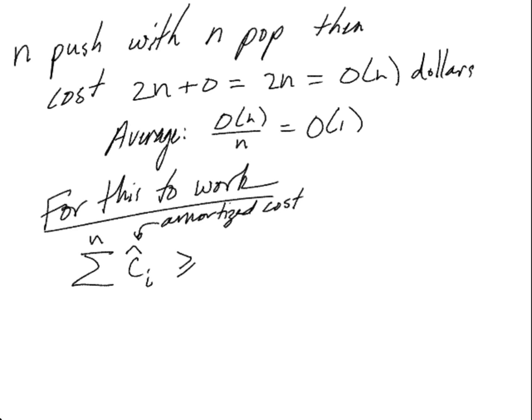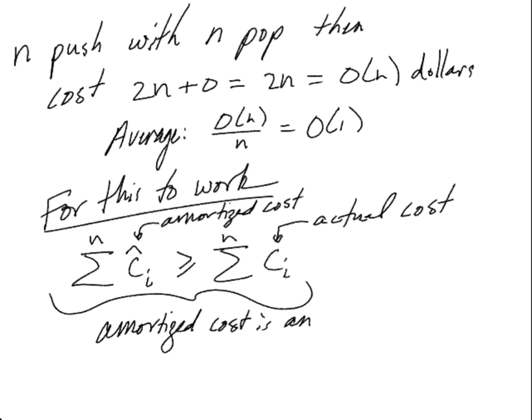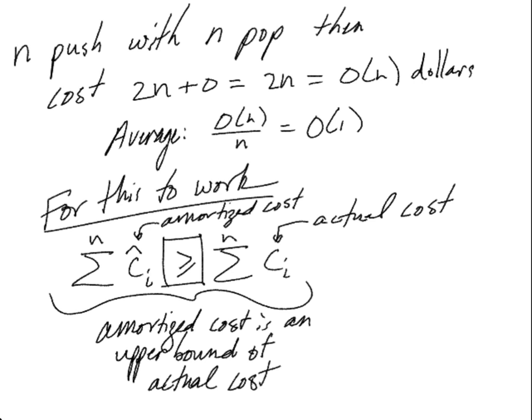That has to be greater than or equal to the actual cost. So what we're saying here is that the amortized cost is an upper bound of actual cost, right? We said it's greater than or equal to. And this is what we must show for the accounting method.